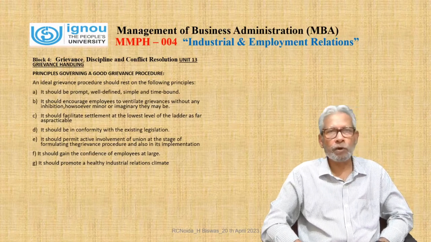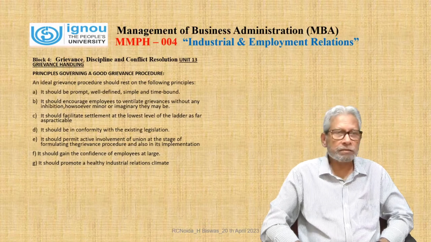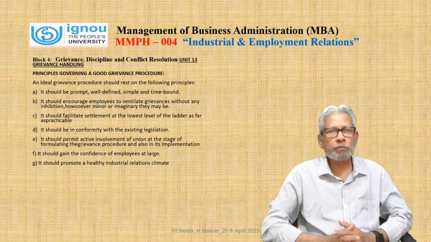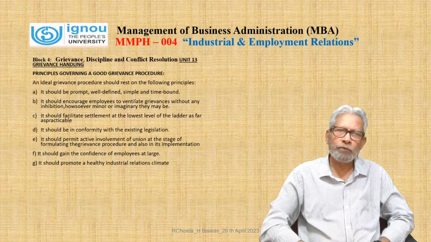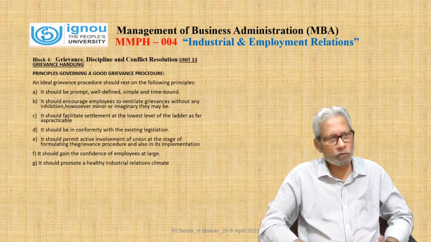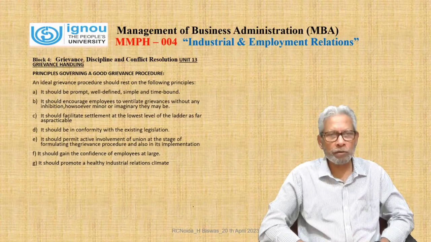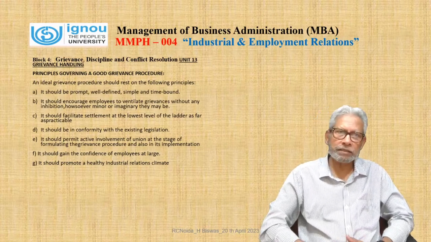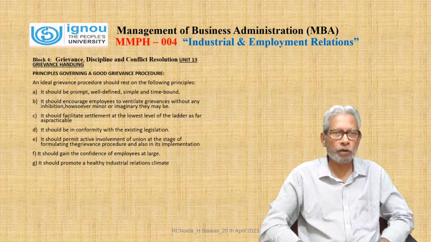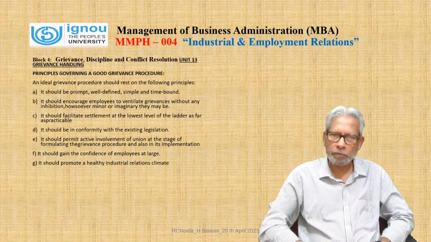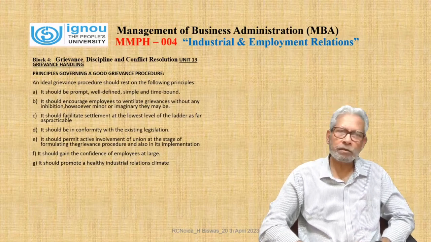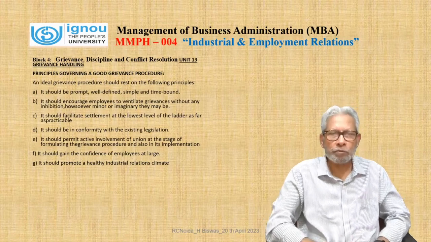Point number E is very important. It says when you are making the procedures, the policies, or formulating conditions, the union's involvement is very much required. At that stage, take their opinion also, and jointly prepare it and go for the implementation, so that grievances and complaints will not come up from their end.